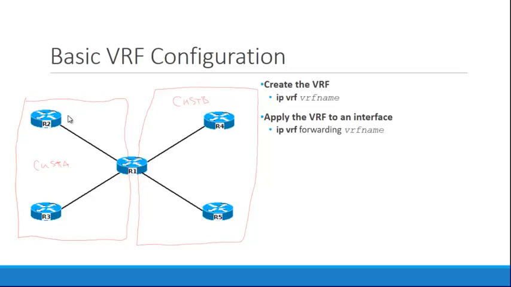And then we'll assign our IP addresses over here. Remember I said we could use the same ones as long as they're not in the same VRF. So we're going to demonstrate that. We'll do 192.168.2.0 here, 1 and 2, and then we'll do the same thing over here, 192.168.10.0 and then 2.0 here.